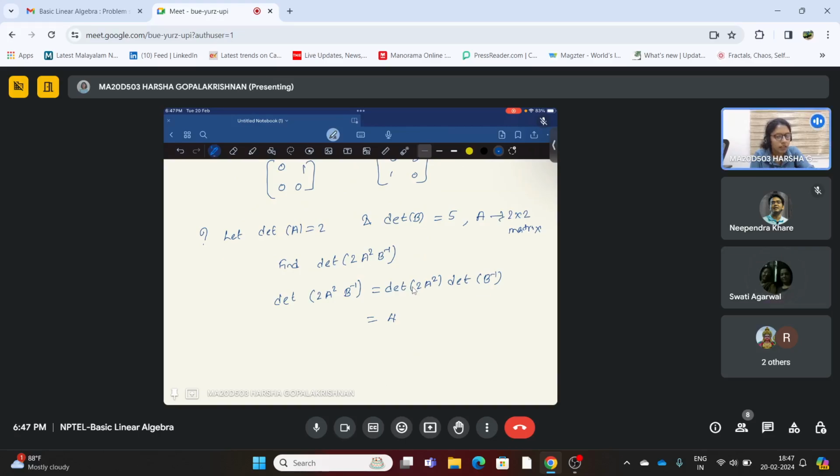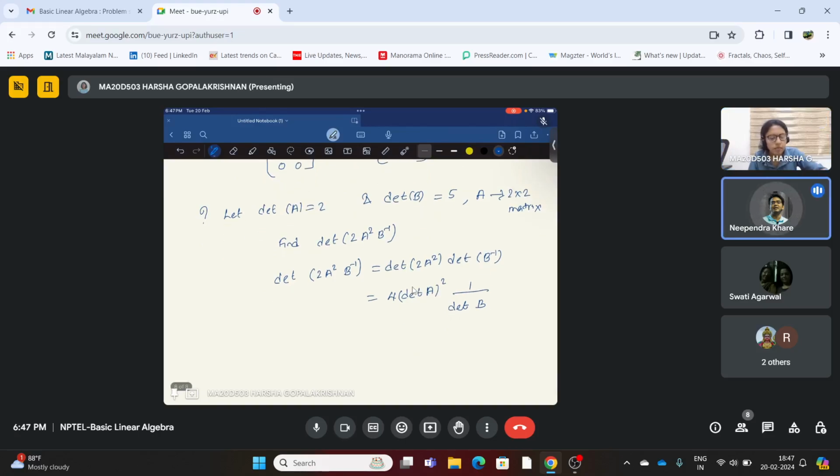So 2 times 2, that is 4, comes out, times the determinant of A squared, that is the determinant of A into the determinant of A, into the determinant of B inverse, which is 1 by the determinant of B.